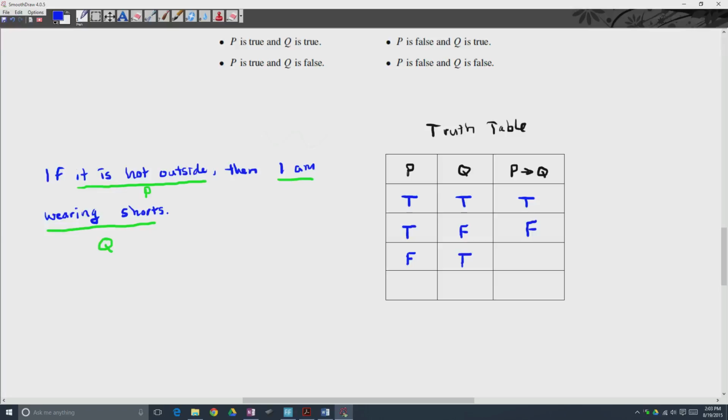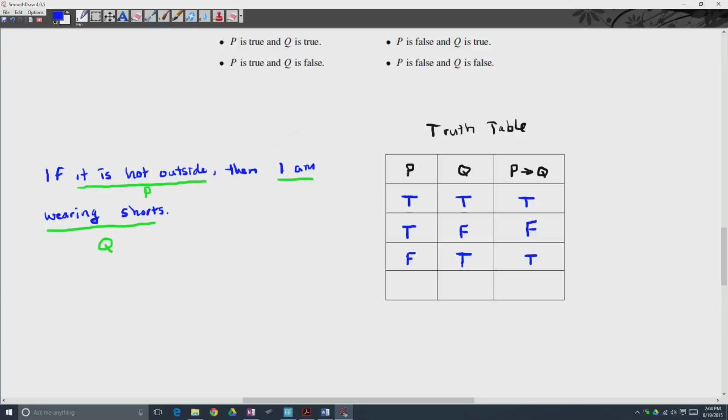Did I tell you the truth? I did, because this statement says nothing about what happens when it's not hot outside. It doesn't matter what I'm wearing if it's not hot outside. The only thing we know is that if it is hot outside, then I am wearing shorts. So the conditional statement is still true.